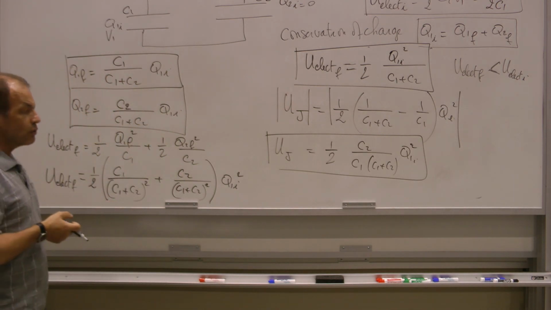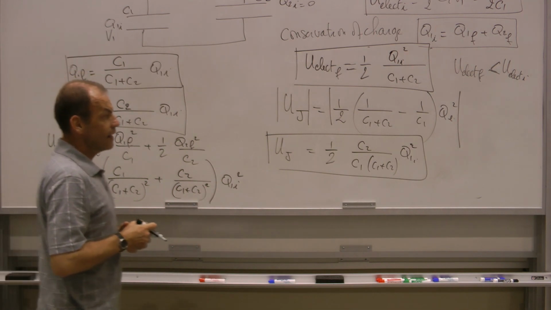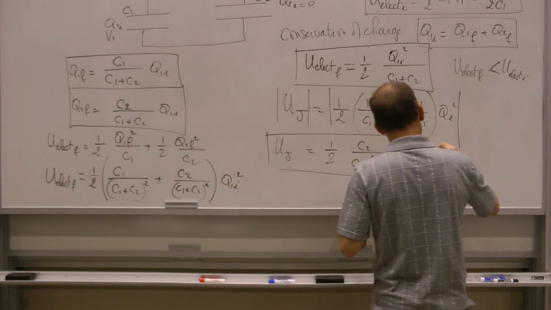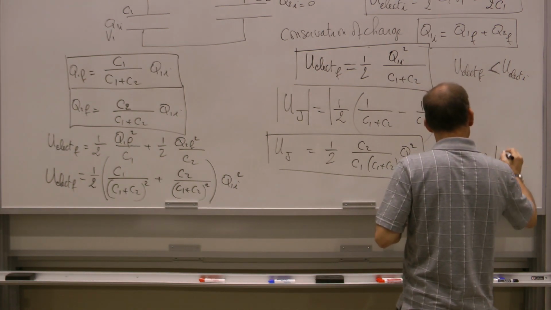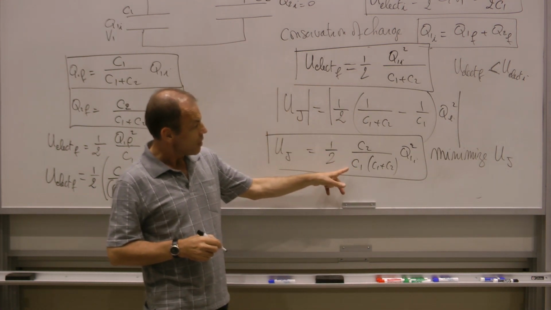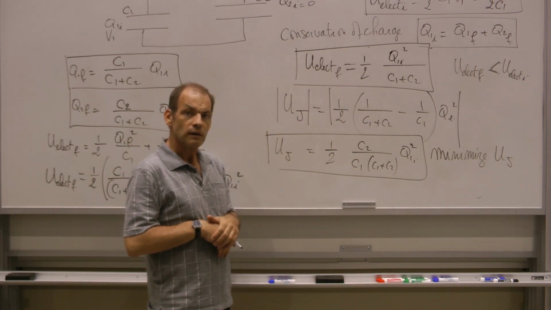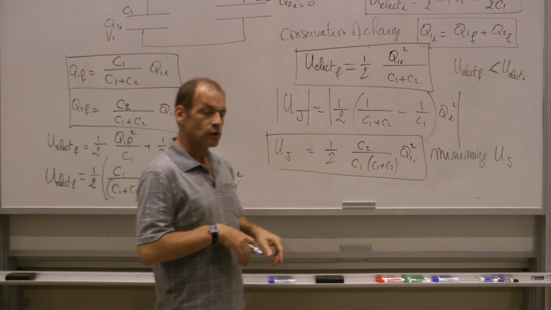So then you can look at really what happens. What would be the most efficient way of transferring energy? That is, how would you minimize U joule? Well, you would look at it as a function of, say, for example, capacitor 1. And you would plot this function as a function of the value of capacitor 1.